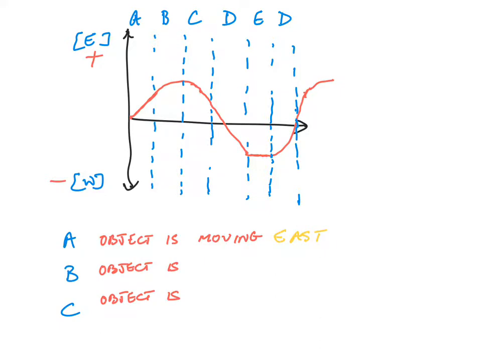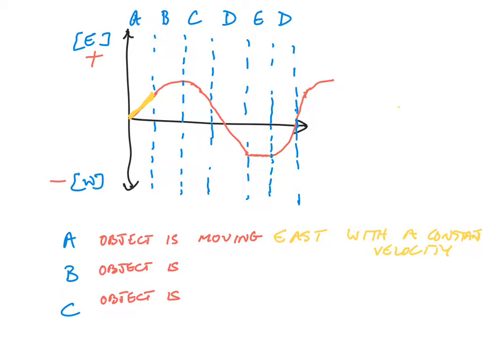It's moving away from the origin in the positive direction, so it's moving east with a constant velocity. We do not see a curve, and of course you would be able to calculate that if this graph was a little bit more detailed.